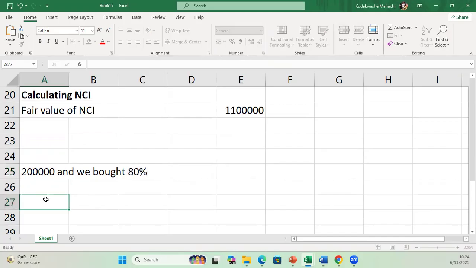So the NCI, in terms of shares, is 20%, which we did not buy. So you have 20% of 200,000 shares, which we did not buy, times the share price on the date of acquisition.